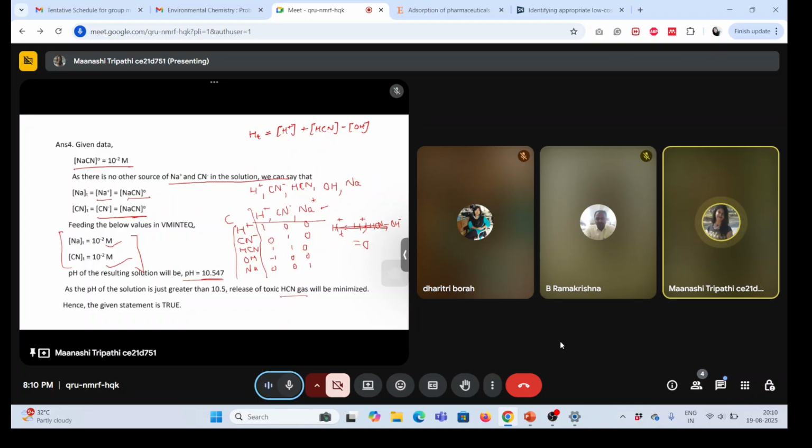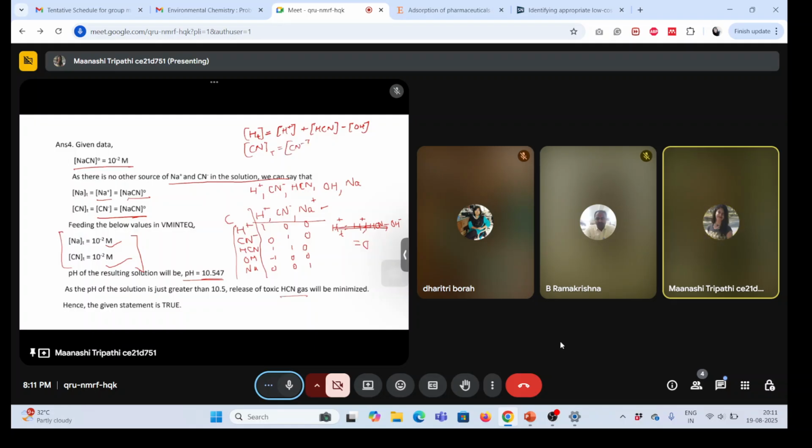We want to calculate H total, and we have other ways also, like solving it manually. CN total, how can we write it?